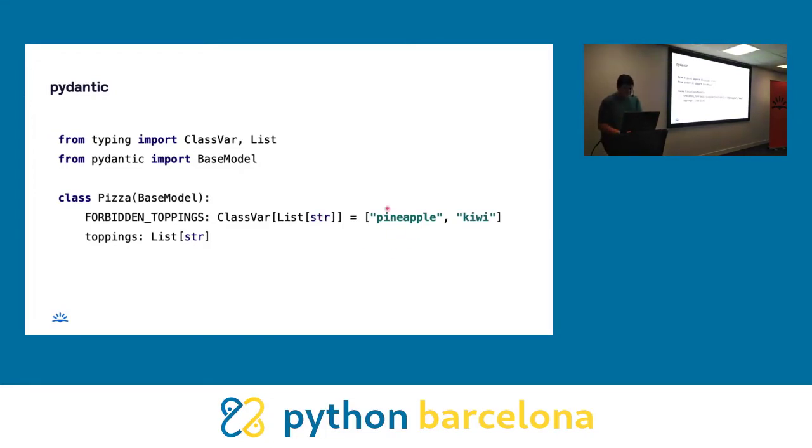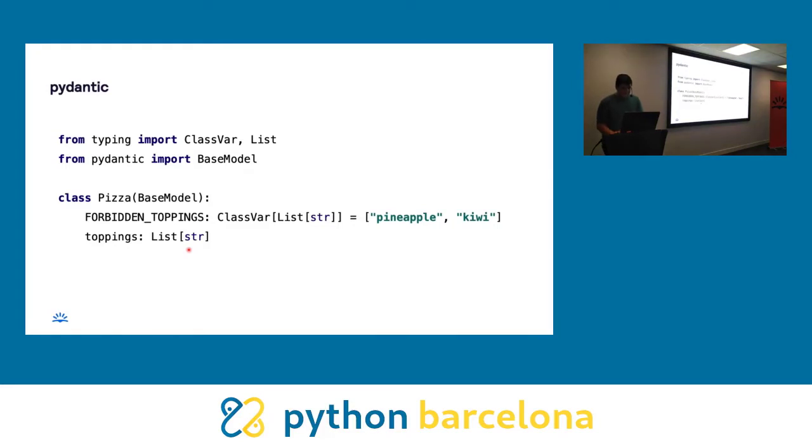We prohibit having pineapples and kiwi, but we don't force that. Pydantic will only force all the members of the list toppings to be a string, and we don't do any requirement. Actually, we can now put pineapple on the pizza and it won't complain.